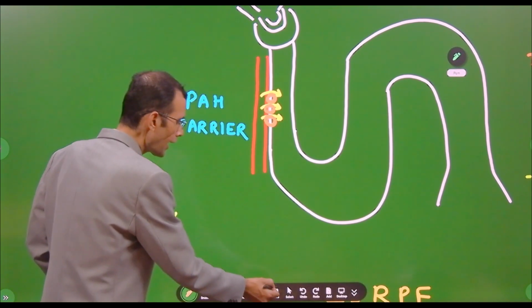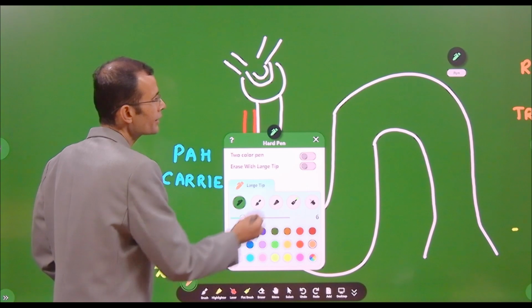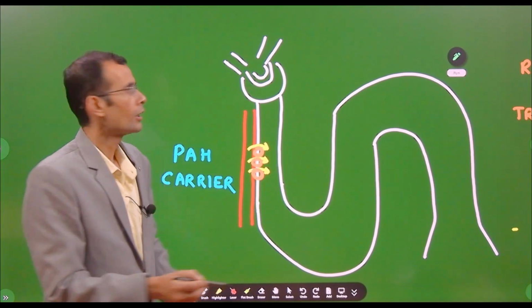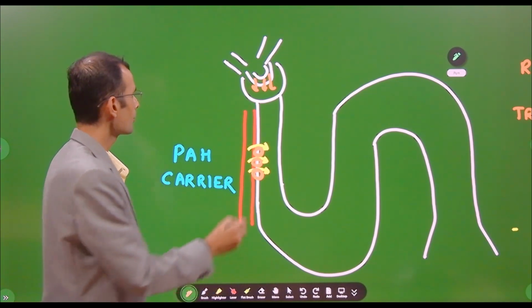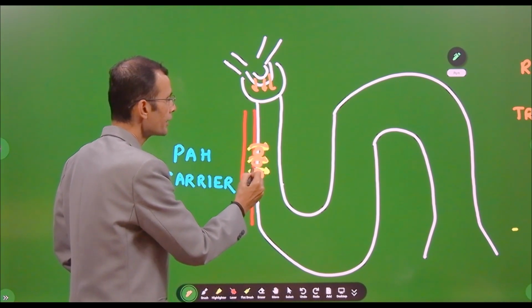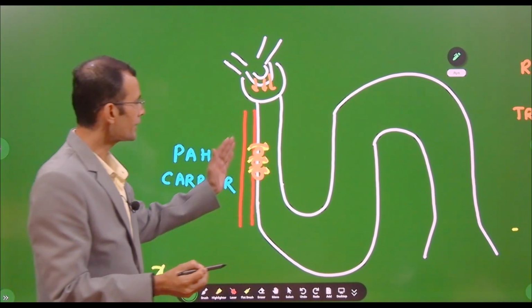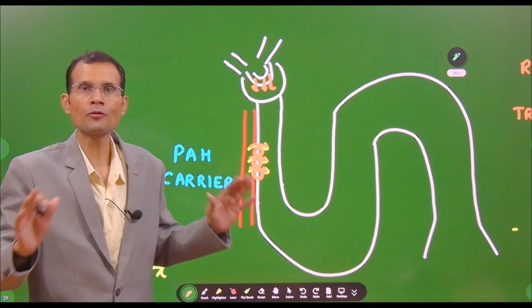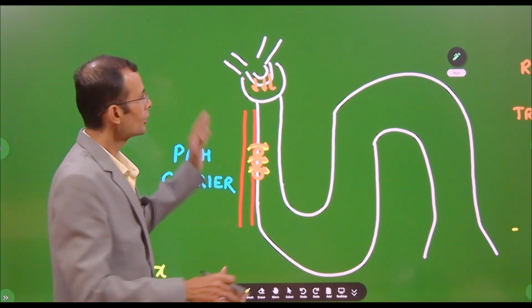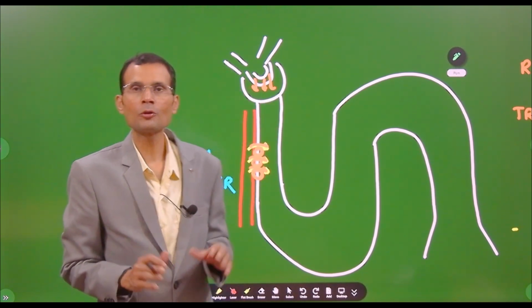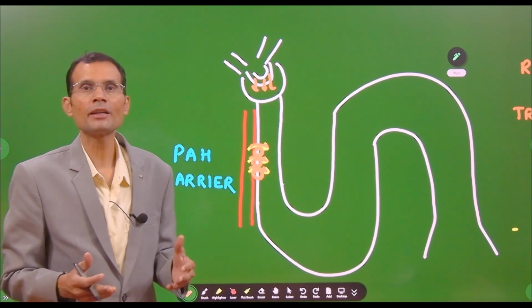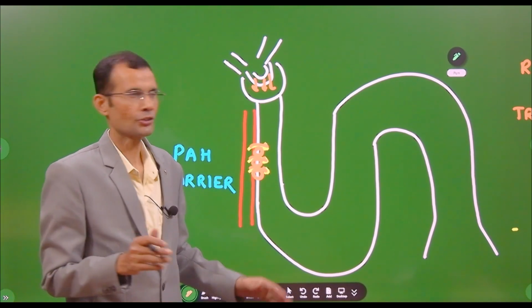Normally, when PAH is injected, 20% of it gets filtered at the glomerulus and the remaining 80% comes by secretion, and that means 100% of the PAH comes into the urine. Nothing will go in the renal vein. In fact, that is the quality of PAH for which we use it, right?